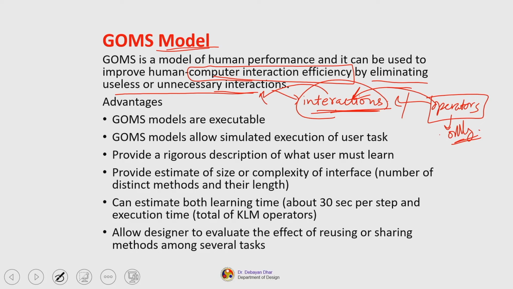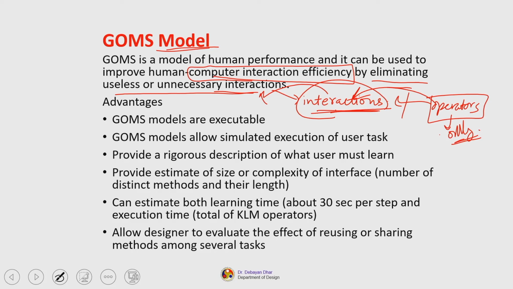So, what are the advantages of GOMS? GOMS models are executable, and they allow simulated execution of a user task. They provide a rigorous description of what the user must learn.